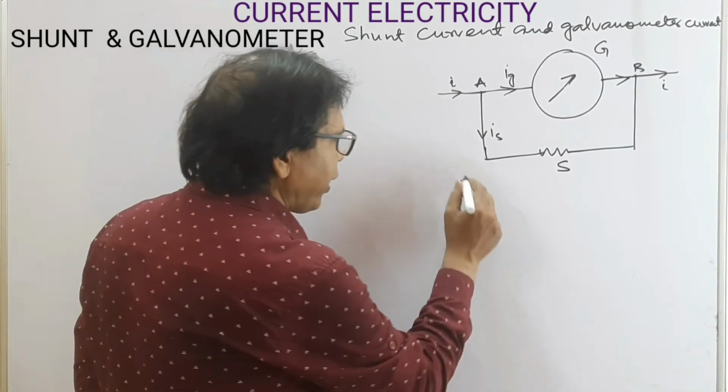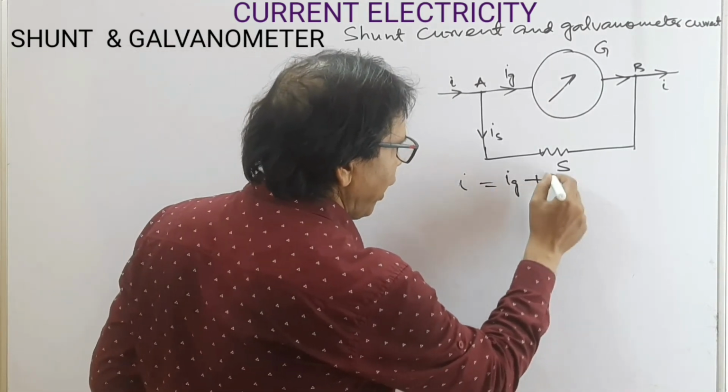Now look at this, the current I is divided into Ig plus Is.